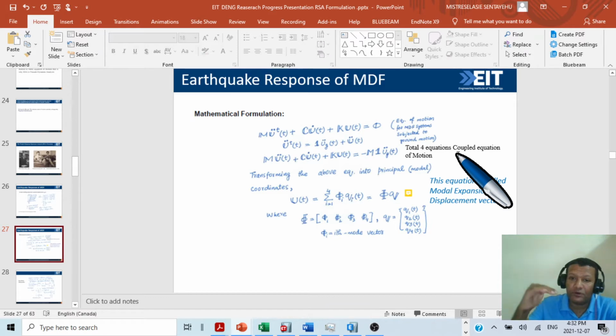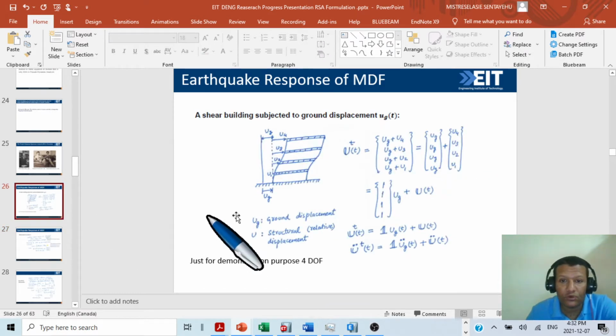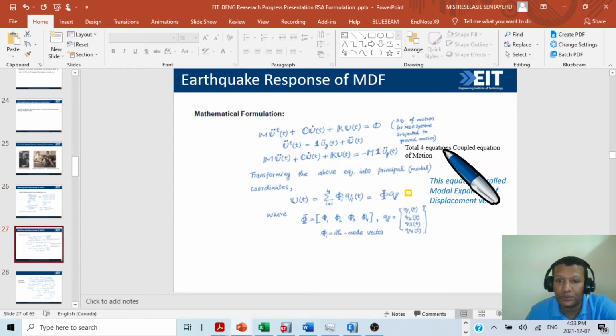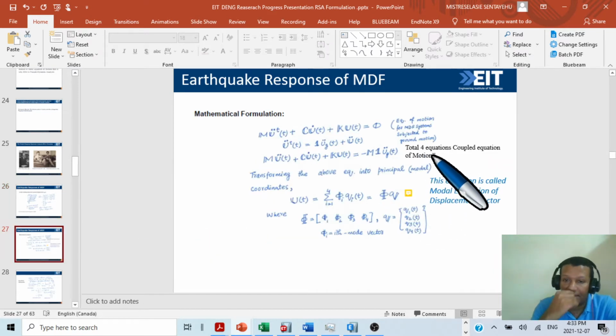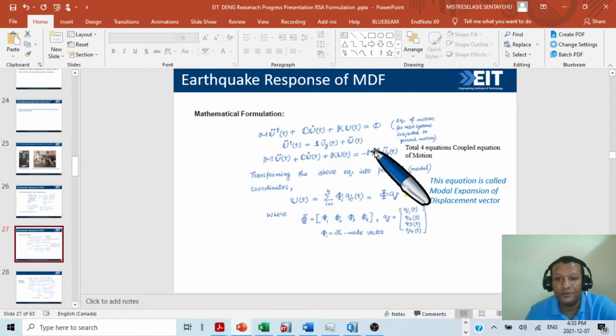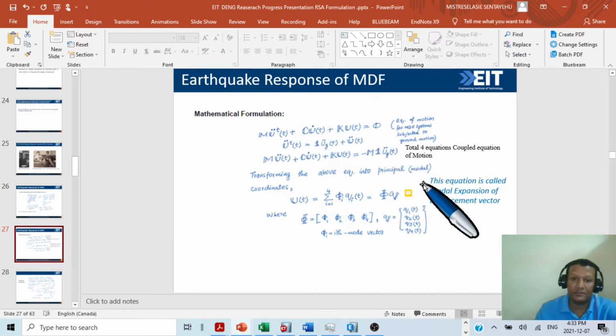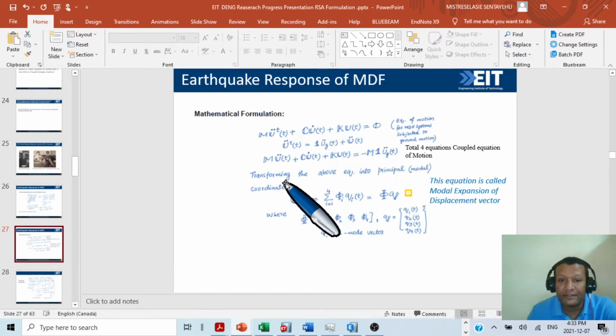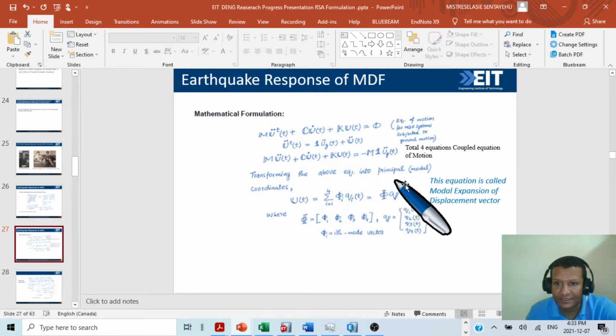This equation is the coupled equation of motion. That means we have 4 equations, because we have 1, 2, 3, 4. This is the coupled equation of motion, and it's not easy to get the solution, so we have to decouple it. We transfer the above equation into principal modal coordinates.